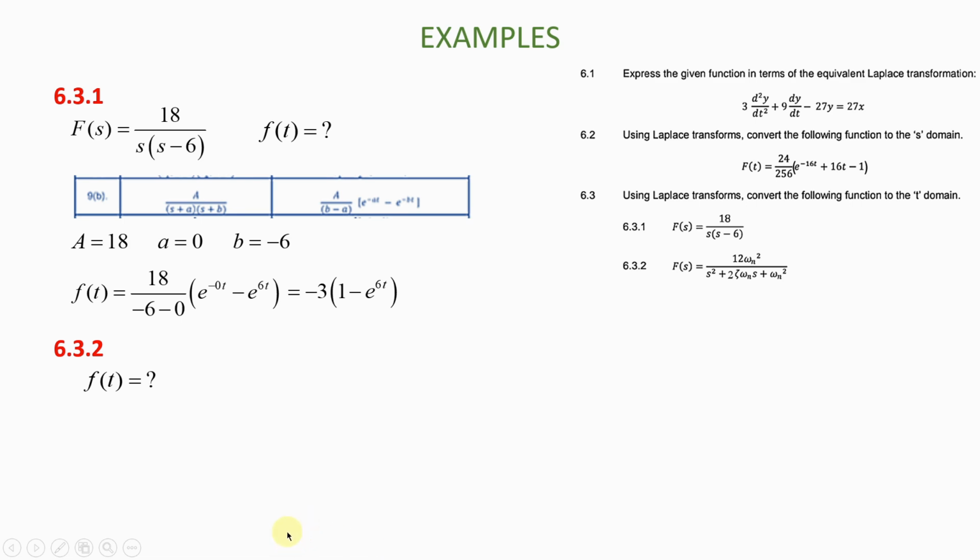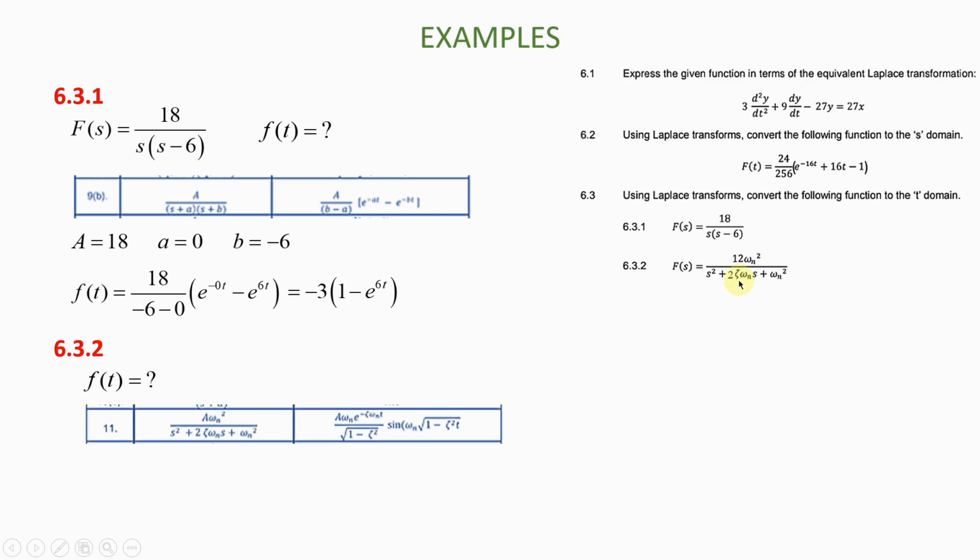Okay, very important. So in this case, we have this function in the S domain, and now we're trying to find what the equivalent will be in the time domain. And again, if you look at the table, you will see that there is a place where you have a function like that in the S domain. And that is in row 11, okay?